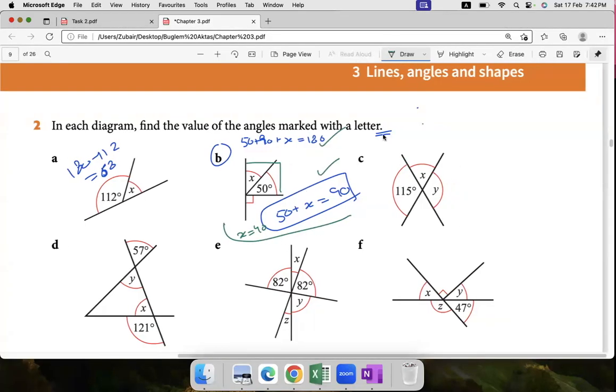Okay. Question C, X and Y. What is Y equal to? Y is equal to 115. Correct. Name of property: vertically opposite. And X is equal to vertically opposite as well.